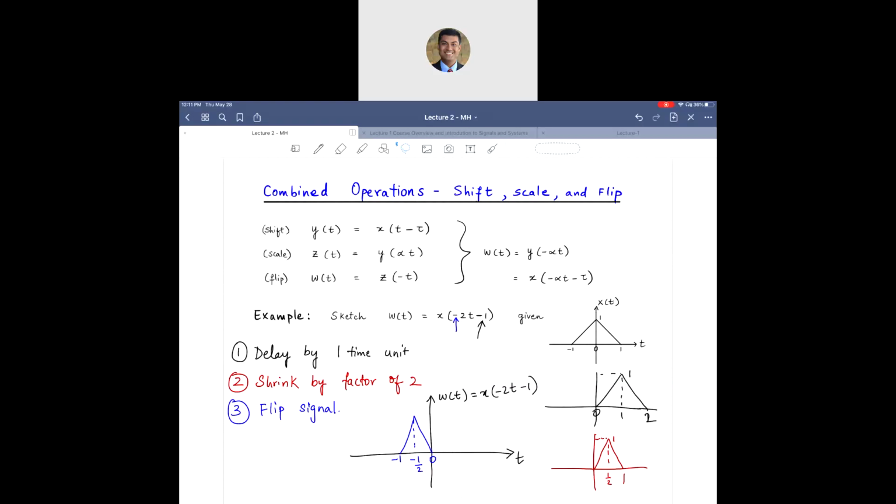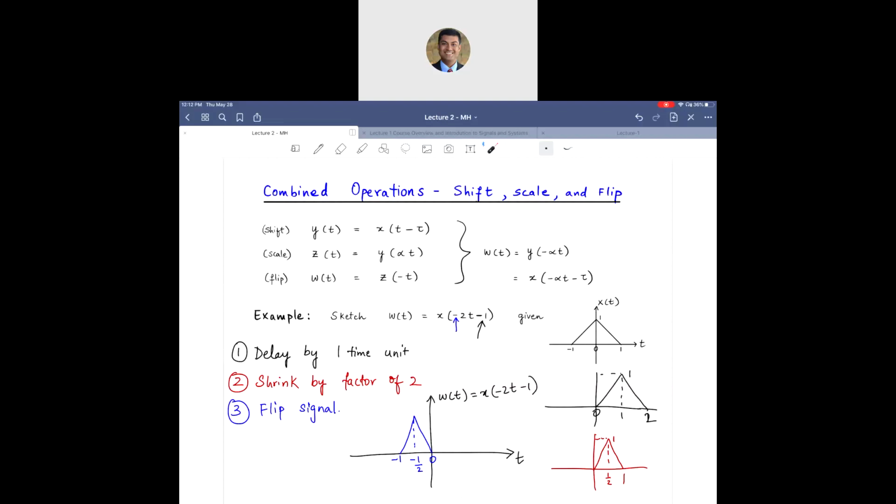Let's see, there have been some questions on the chat box. I will address those. The alpha doesn't distribute to tau, the reason is alpha t, right? So instead of t, we are doing a substitution. Alpha t, alpha t, alpha t. The tau is after you have done the alpha.